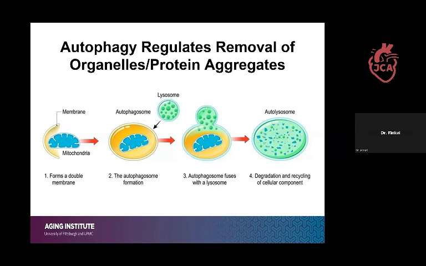This audience is probably very familiar with autophagy, first described in yeast, but very well conserved across all evolution, in which damaged contents, be they damaged proteins or organelles like mitochondria, are recognized to be damaged and then encased in a membrane, the autophagosome, that is formed de novo.